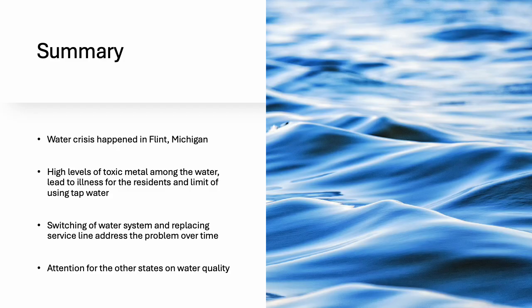And in summary, a water crisis, a global environmental health case in public health, happened in Flint, Michigan. What happened was high levels of toxic metal in the water, which led to illness among the residents, and people there were not able to use the water.